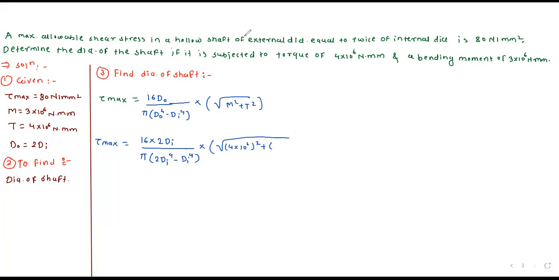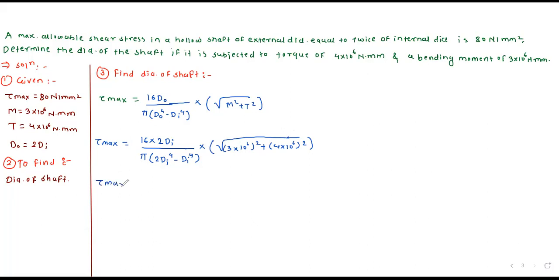Sorry, I have written wrongly. M is 3 into 10 raised to 6 and T is 4 into 10 raised to 6. We will take this 10 raised to 6 as common.